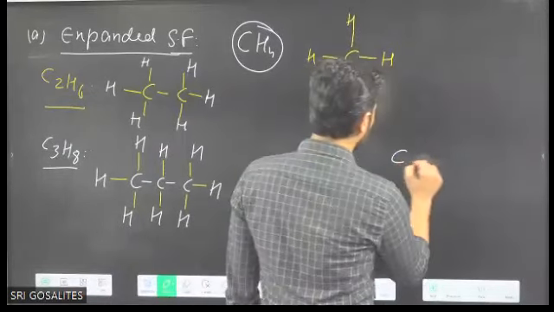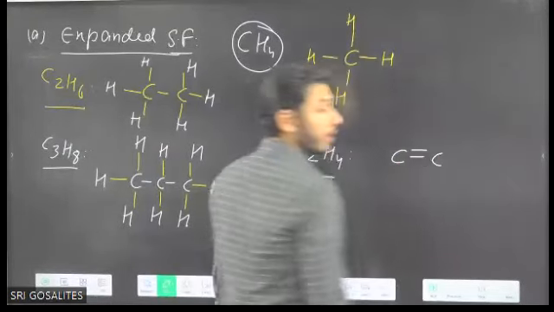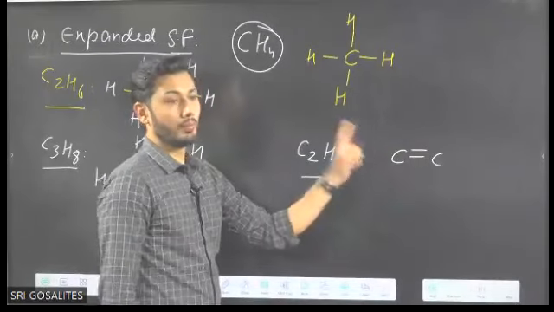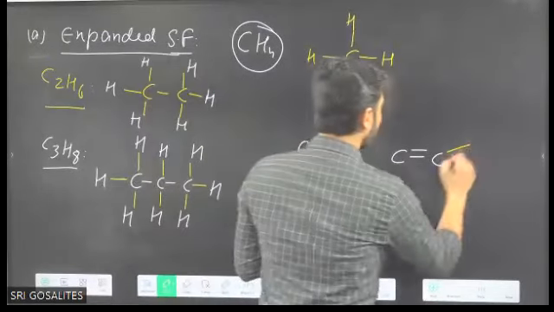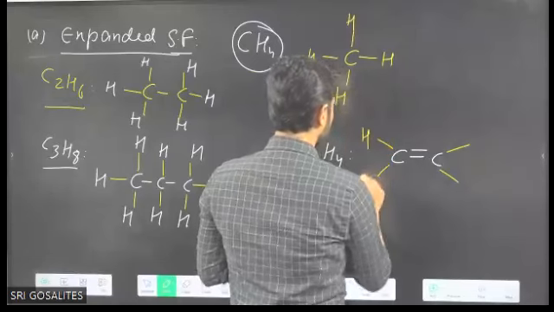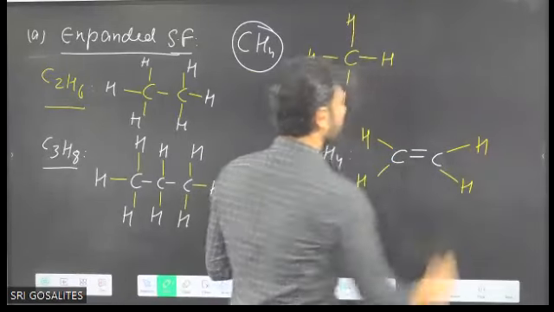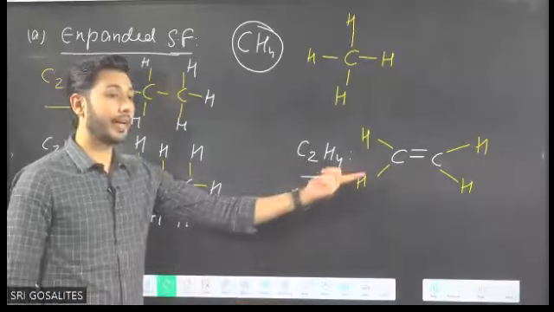C2H4 is the ethene molecule. With a carbon-carbon double bond, it is an alkene, and the remaining valency is completed with hydrogen. Which form is this? Expanded form.